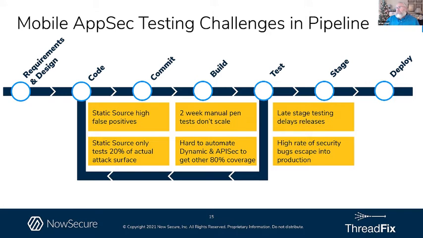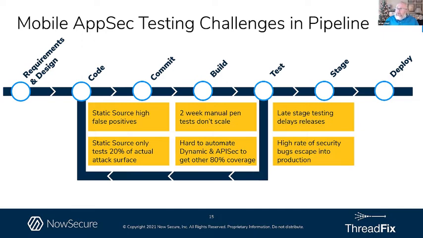Now, traditionally, when we get involved with an organization, they're doing manual pen testing, whether it's insourced or outsourced, and that clearly does nothing to speed up your pipeline. And when we look at the actual test coverage, only 20% of the vulnerabilities found in the real world are caught by traditional static source.